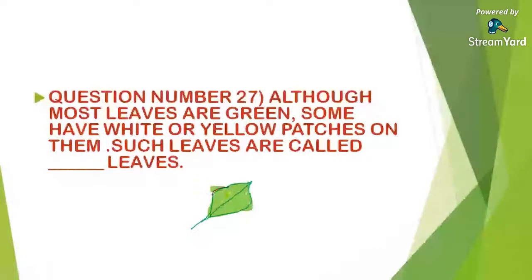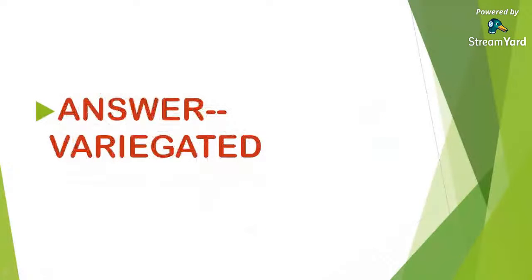Okay, so you can see like this. Variegated leaves. Very nice. Very good. Ayushi Kumari, Ananya, Antara, Anushka Shekhar. Very nice. Variegated leaves. So now I have also done the diagram. You can see. So variegated leaves, and the example of variegated leaves is what? Coleus. What is the spelling?